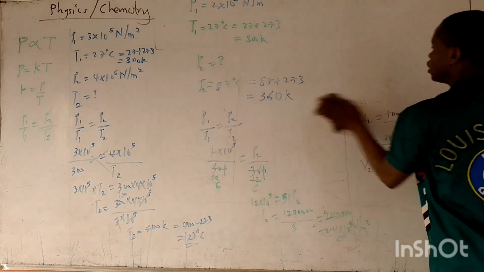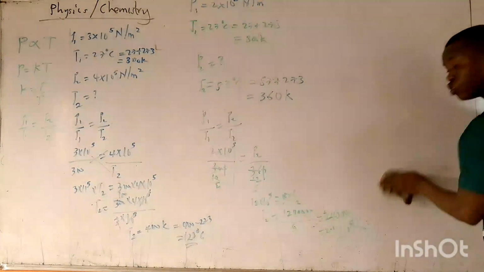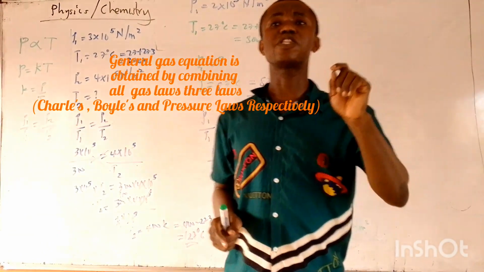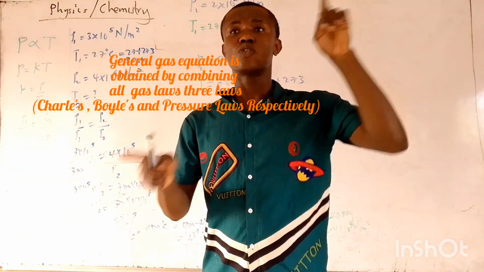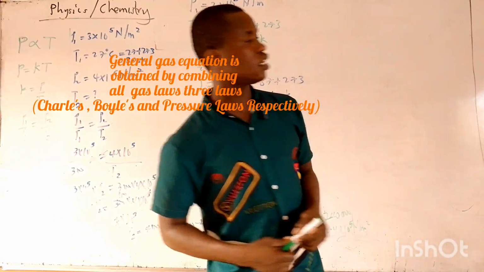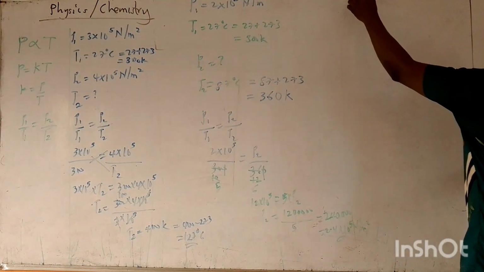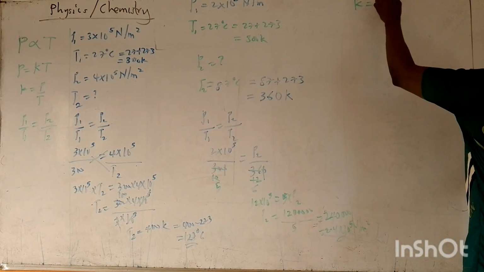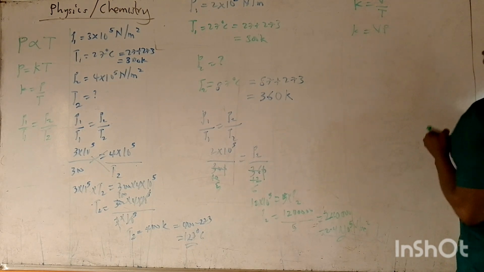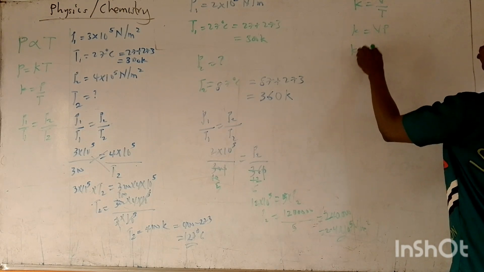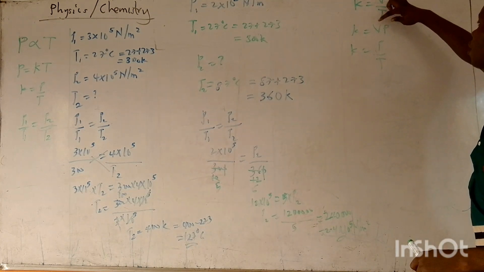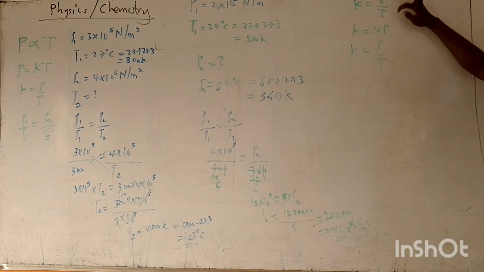The general gas equation is an equation that is gotten from combining the 3 factors. Now listen. It is not every time they will vary 2 factors and leave one constant. Sometimes none of them is constant. In Charles' law, K is equal to V over T. In Boyle's law, K is equal to PV. And in the pressure law, K is equal to P over T. If you look at this, you find out that P and V are always in the numerator and T is always in the denominator.